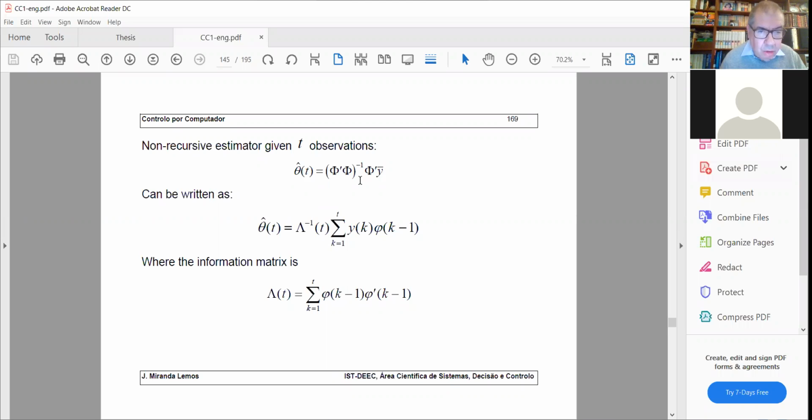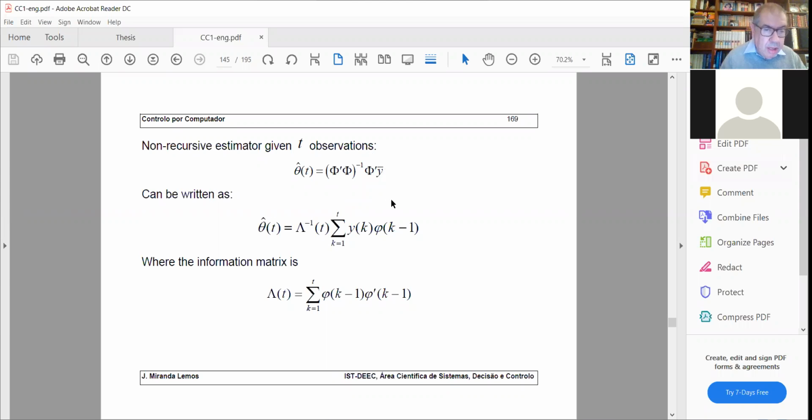And you build this matrix, capital Phi, where each row of Phi is a vector small phi. And you build this matrix, Phi transposed Phi inverse. And you do this multiplication, and you multiply by the vector of independent data y bar.